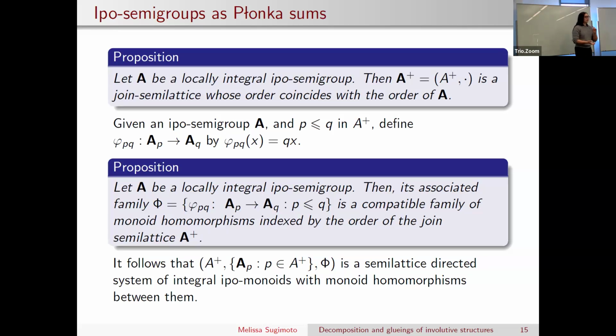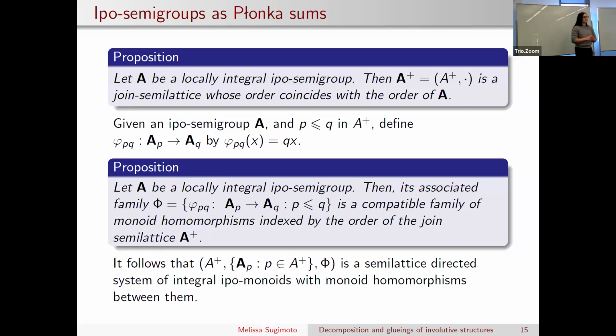Luckily, we were already indexing over positive elements, and by great good fortune, the positive elements of a locally integral ipo-semigroup do form a joined semilattice whose order coincides with the order on the whole big algebra. So we've got a joined semilattice, and that means we can then define the family of morphisms between these algebras.